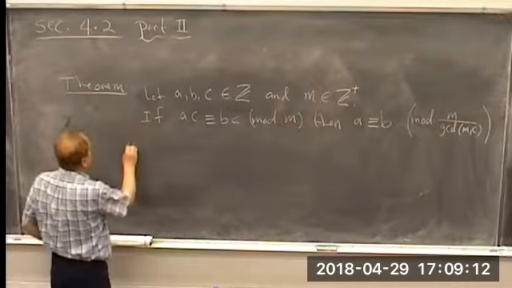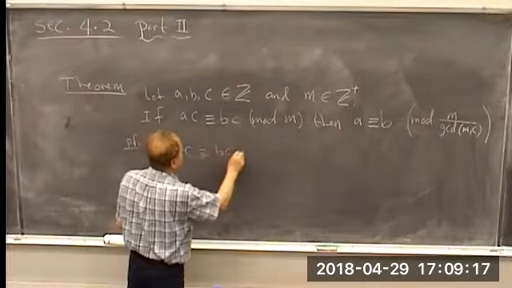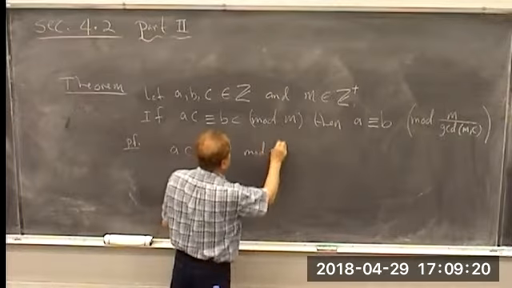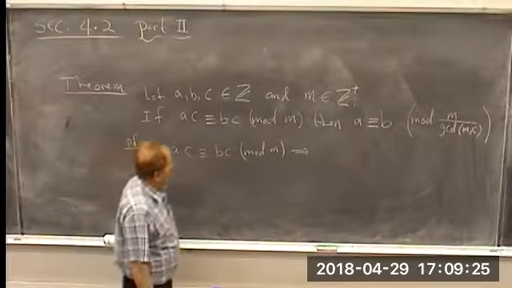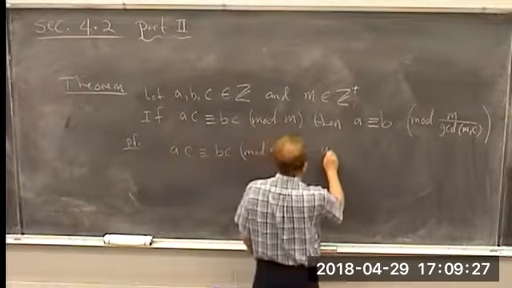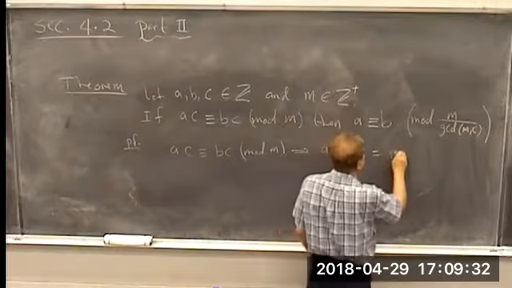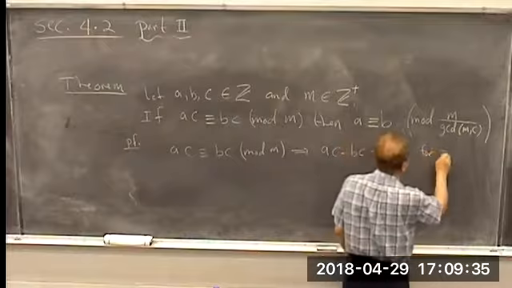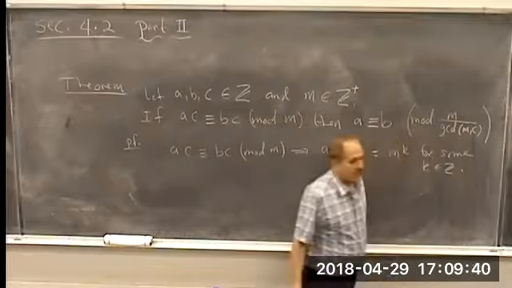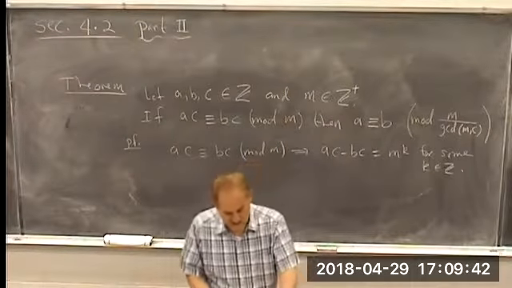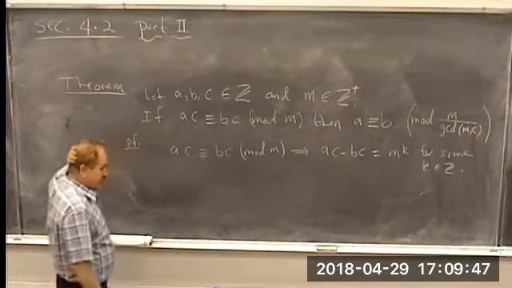So let's just start with the given congruence, mod M. This implies that AC minus BC is equal to MK for some K in Z. Now let's divide both sides.